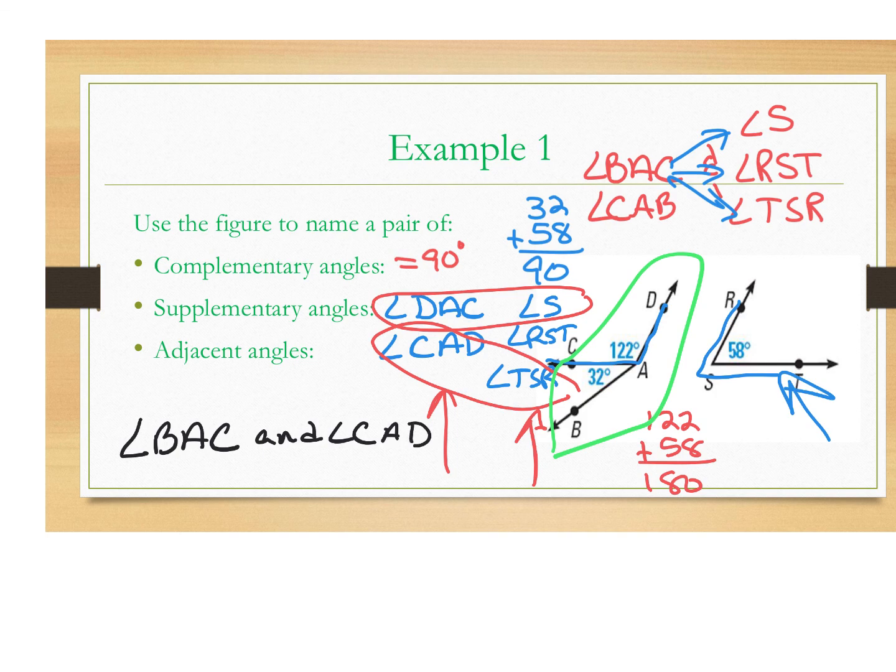Those would be a pair of adjacent angles, or if you wanted to reverse the letters, CAB, and then reverse it to DAC. And again, don't forget to put that little angle symbol in front, or write out the word angle in front. So these share a side. They're both sharing side AC, and they also have vertex A in common.